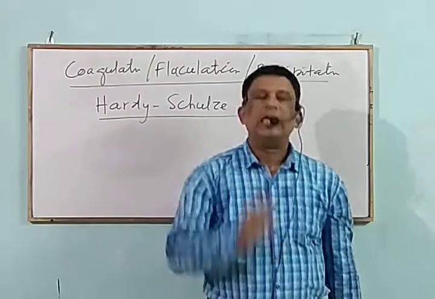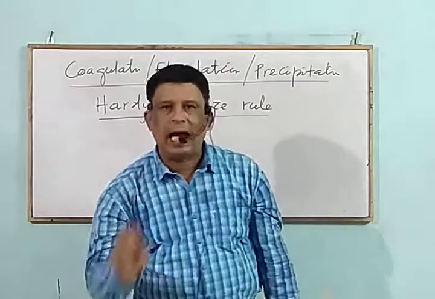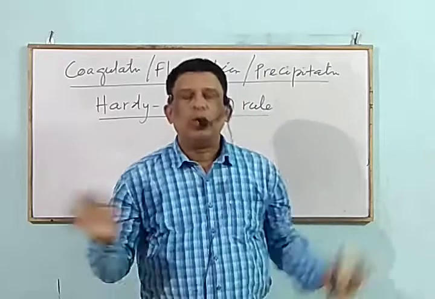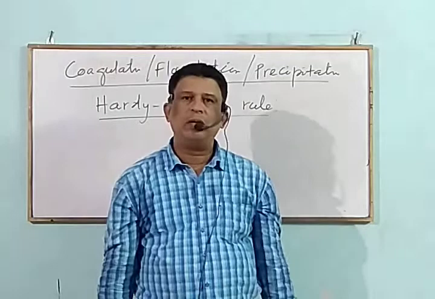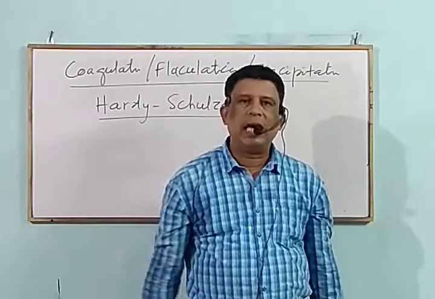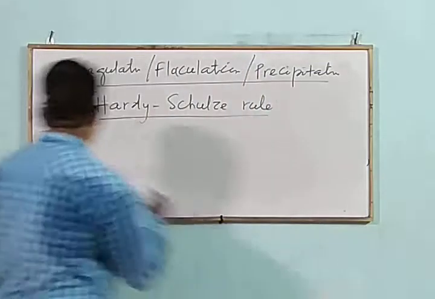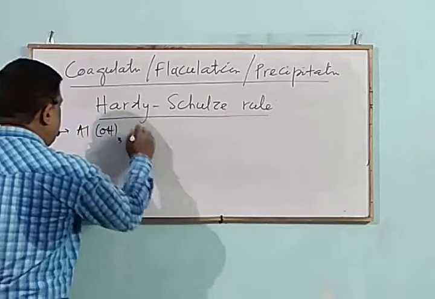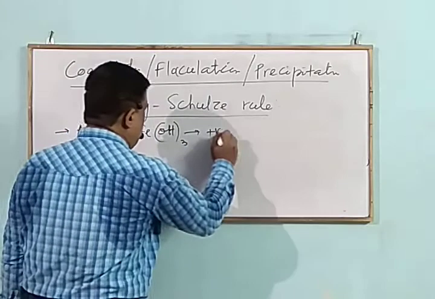This rule states that the higher the valency of the coagulating ion or flocculating ion added, the higher is its tendency to cause coagulation. For example, if two types of salt are there, one is a positive salt and one is a negative salt. Mark that. Aluminium hydroxide, ferric hydroxide, these are known as positive salts.